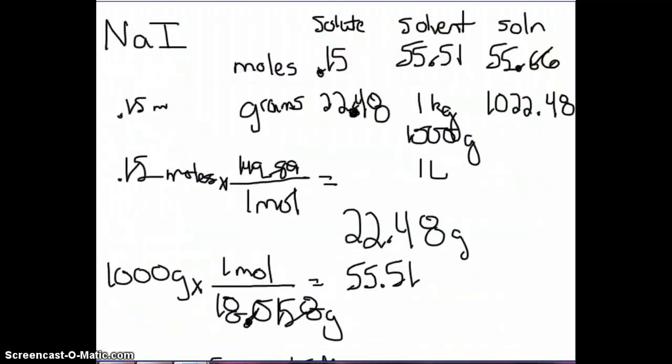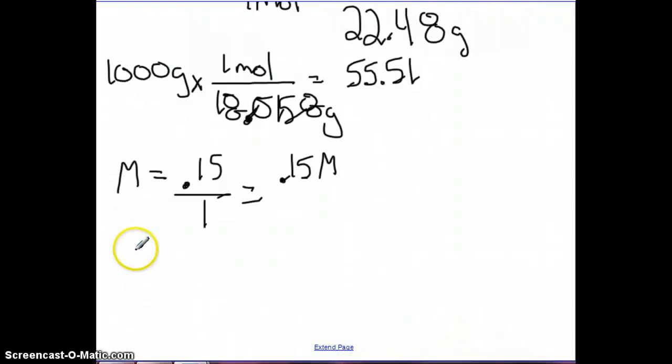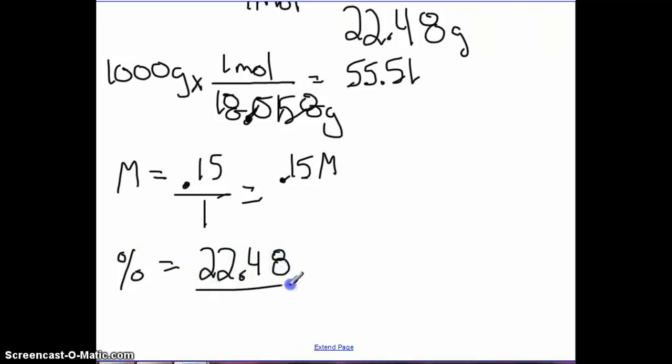Now weight percentage is going to be your mass of solute over the total mass. So we got 22.48 over our total, which was 1,022.48.